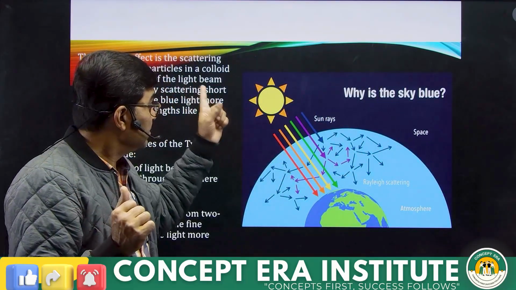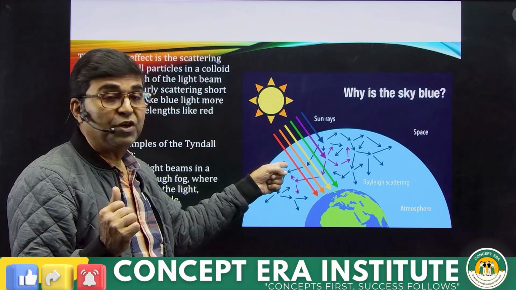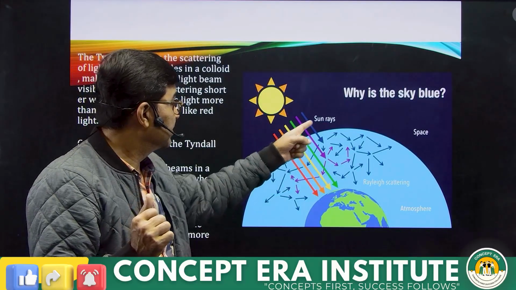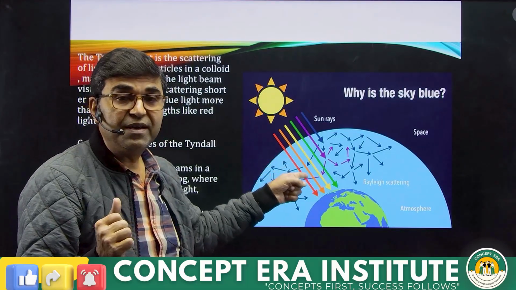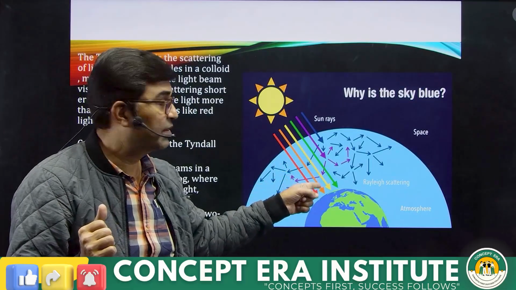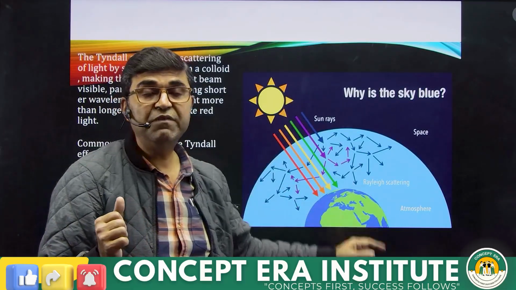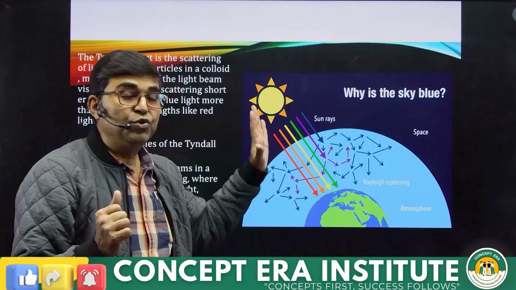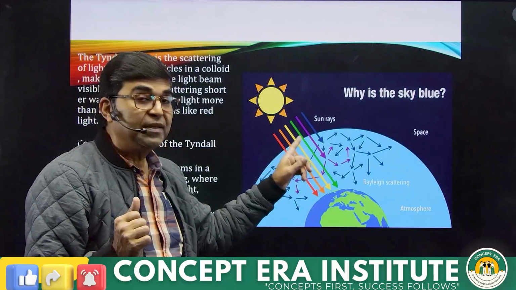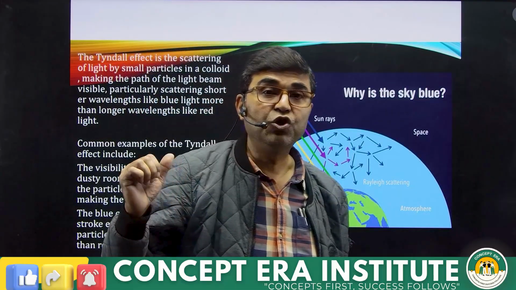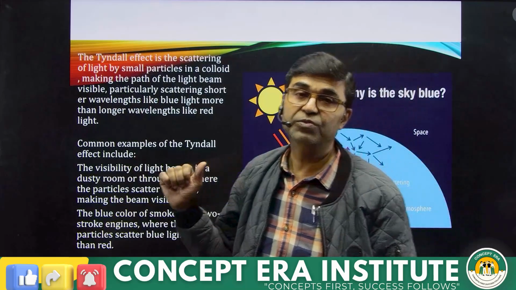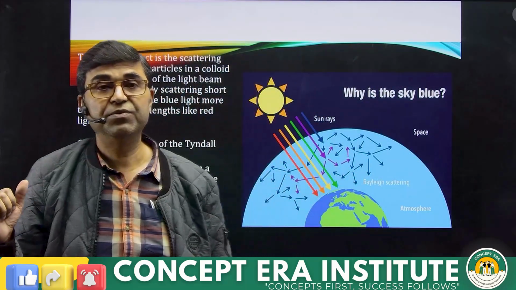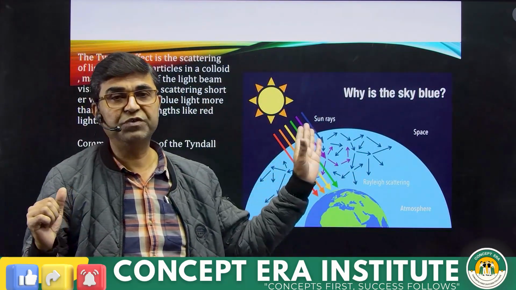But light is composed of 7 colors, in which the red color has the maximum wavelength and the violet color has the minimum wavelength. So those particles scatter the light of shorter wavelengths, blue, violet, indigo, and some portions of green.